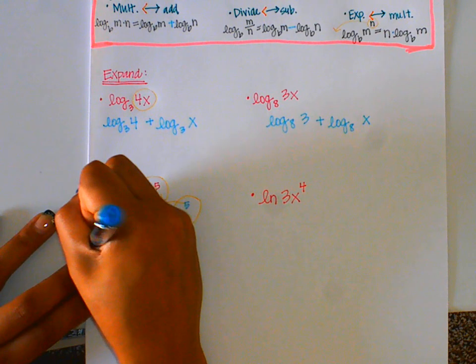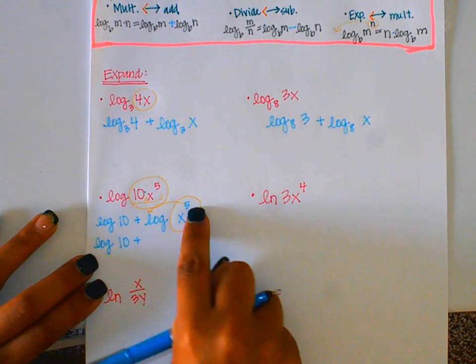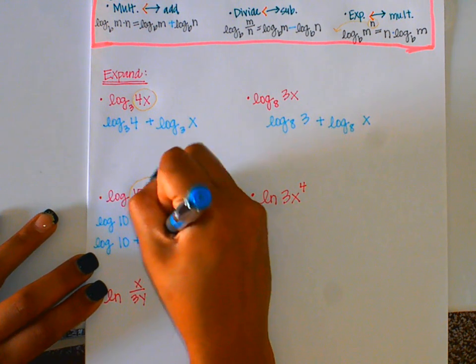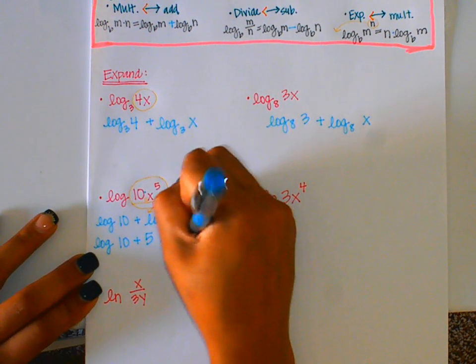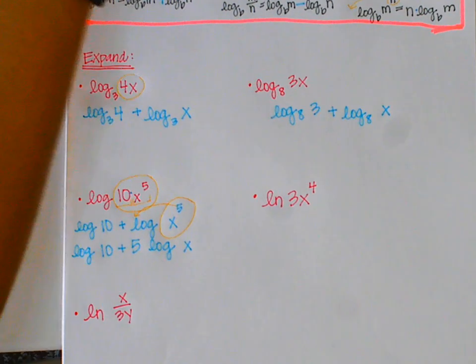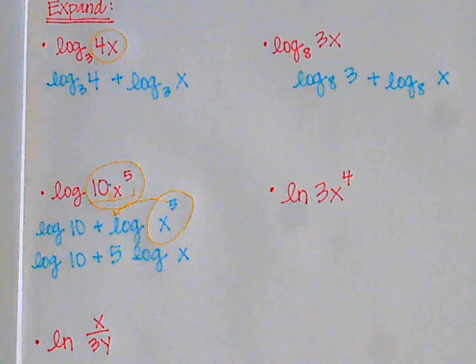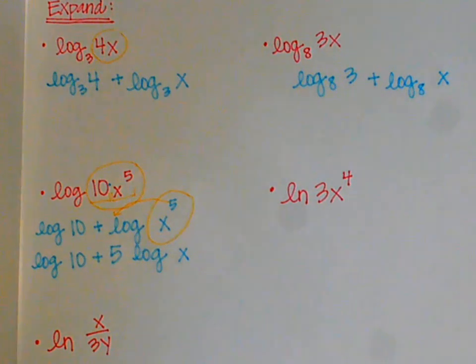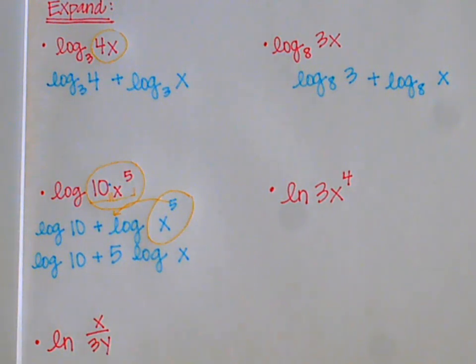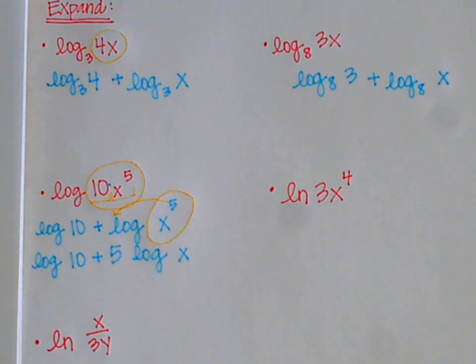So again, I'm going to bring my log 10 plus bring my 5 and get log x. Now this one has an additional step. You should have seen in Mr. Armitage's YouTube video that just like when you have an x, if you don't have a number in front of it, you know it's automatically a 1.